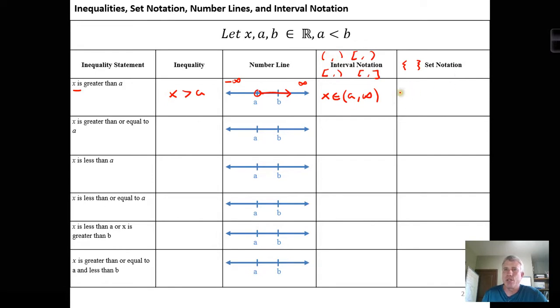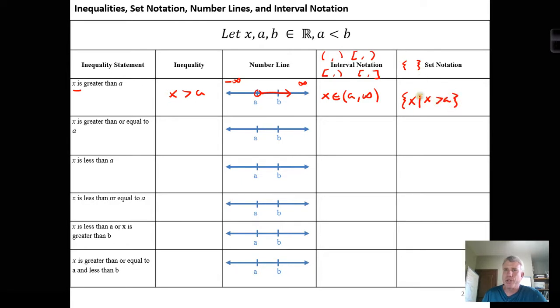So in set notation, here's what I would write. I would write the set, and that's how you read this first opening bracket, the set of all x such that, where a vertical bar means such that, and then you just come over and grab the inequality notation. The set of all x such that x is greater than a.